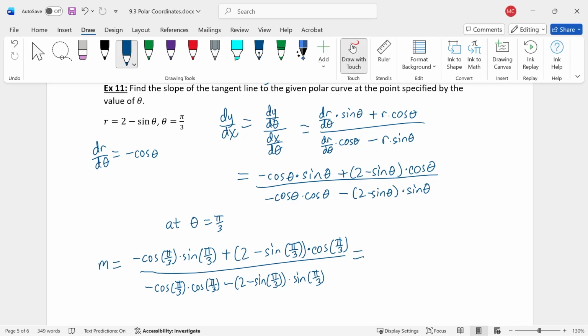Okay. Cosine of pi thirds, that's 1/2. So this is negative 1/2 times sine of pi thirds. That's the square root of 3 over 2. Plus 2 minus the square root of 3 over 2 times 1/2, divided by negative 1/2 times 1/2 minus 2 minus root 3 over 2 times root 3 over 2.